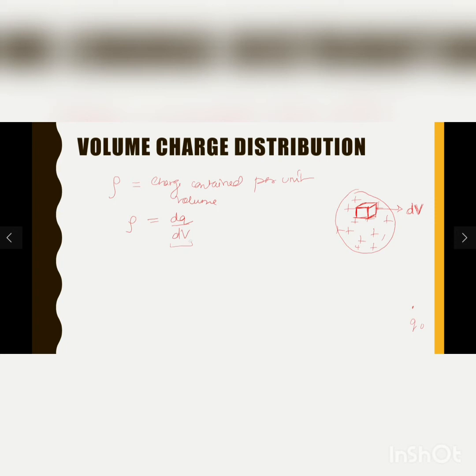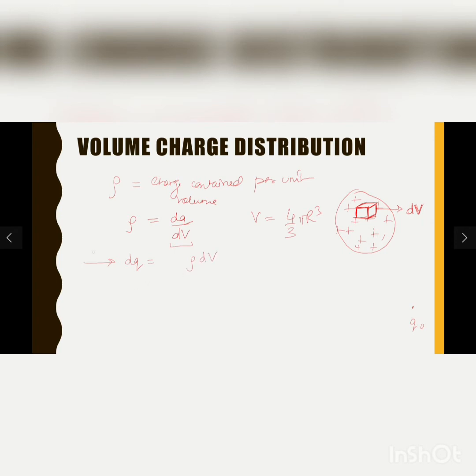If this object is a sphere, then dV would be 4 by 3 pi r cube. Had it been a cylinder, it would have been pi r square h. So it depends upon the shape of your object. Right now I am taking the example of a sphere, but it need not always be so. Knowing the volume charge density, I can find the charge in that small volume, so that would be rho times dV.